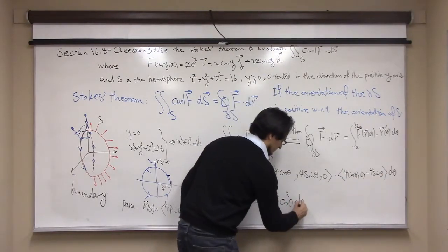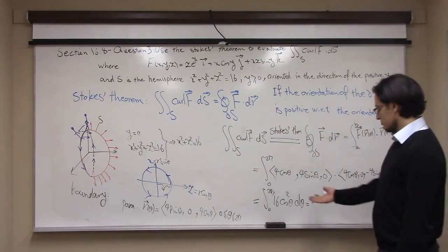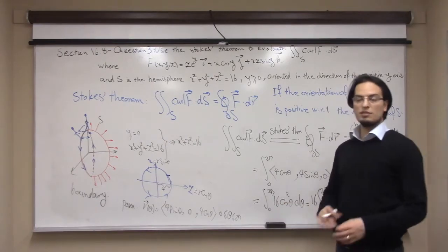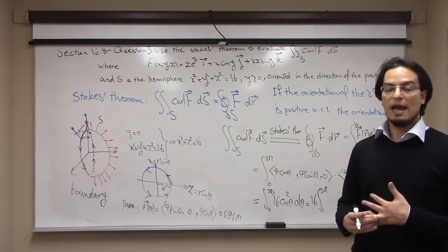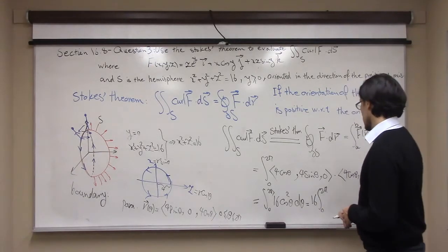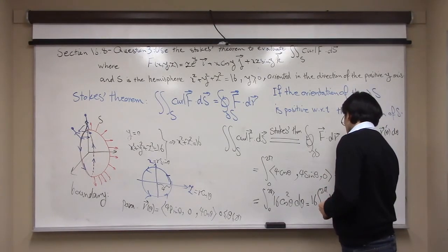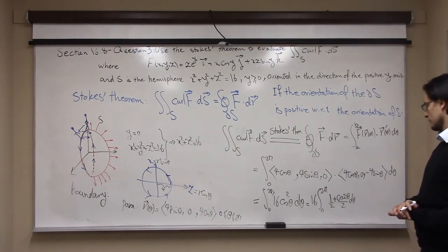So that is my integral. I have 16, let me put 16 out. And to evaluate the integral of cosine squared theta, we always use the double angle formula, which tells us that cosine squared theta is equal to 1 plus cosine 2 theta over 2. So I have 2 divided by 2.